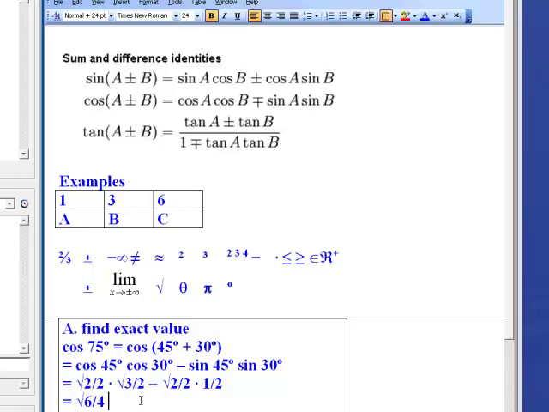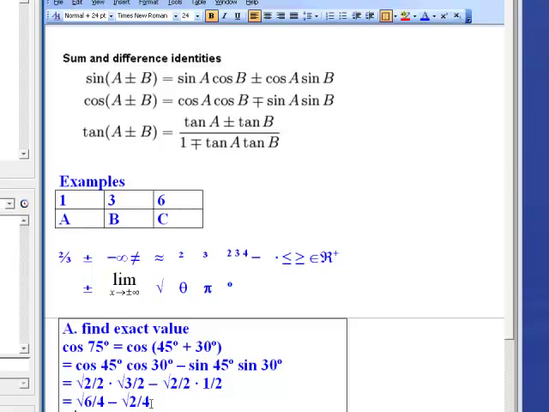And then we have minus square root of 2 over 4. So this one here, square root of 2 over 4 the other way around.